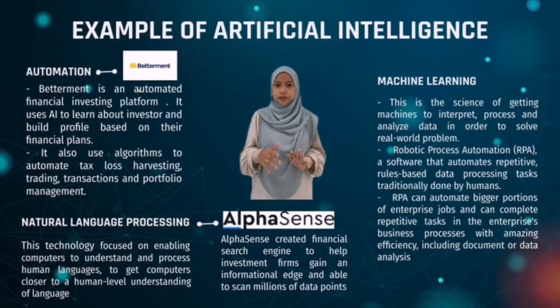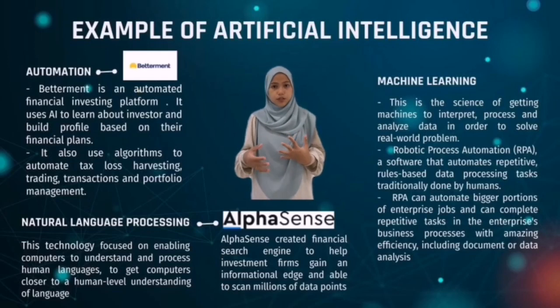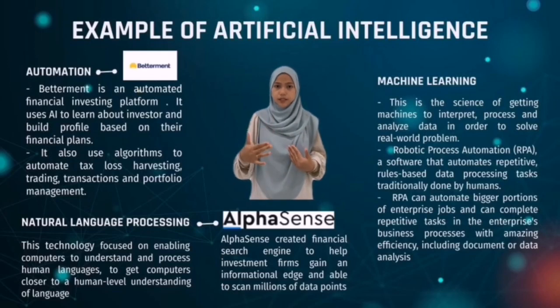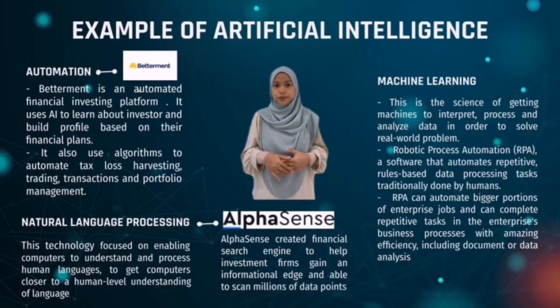Okay, next is natural language processing. Natural language processing is a subfield of artificial intelligence that is focused on enabling computers to understand and process human languages, to get computers closer to a human level understanding of language. One example of AI that relates to this is AlphaSense.